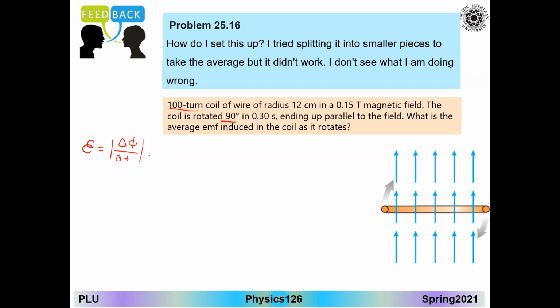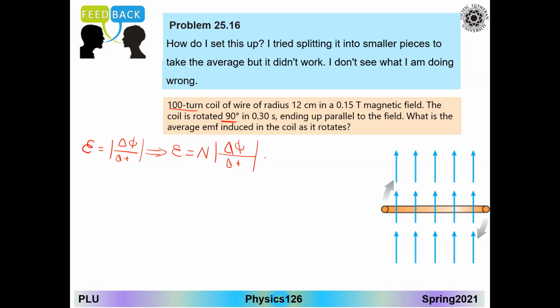In this case, the only change in my formula is that E will be N times, since every wire loop has flux, N, the number of turns, times delta phi divided by delta t.